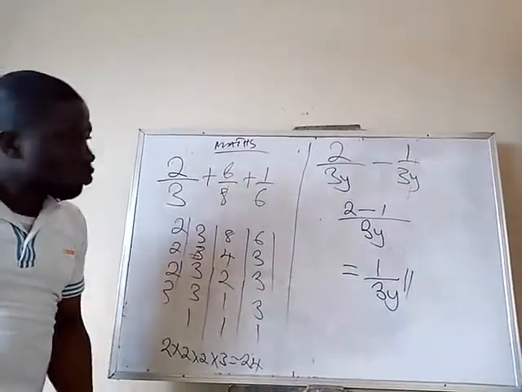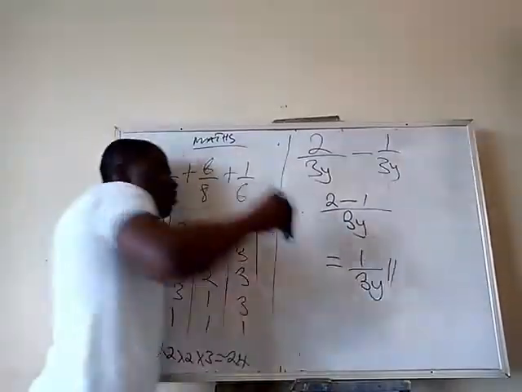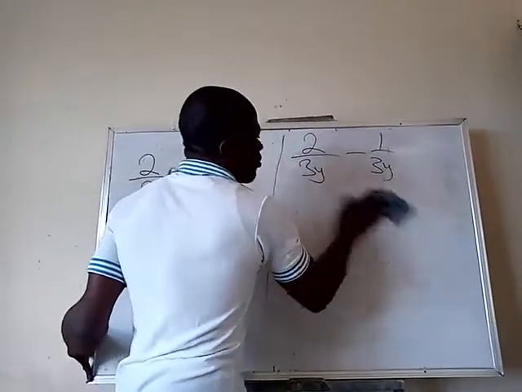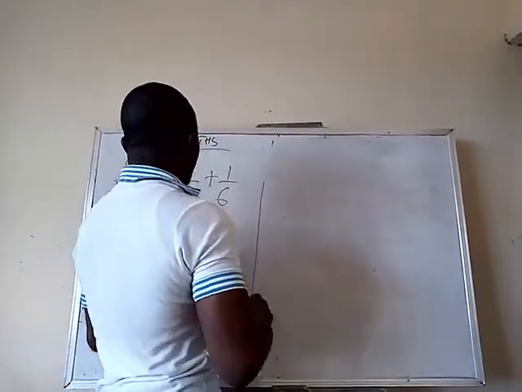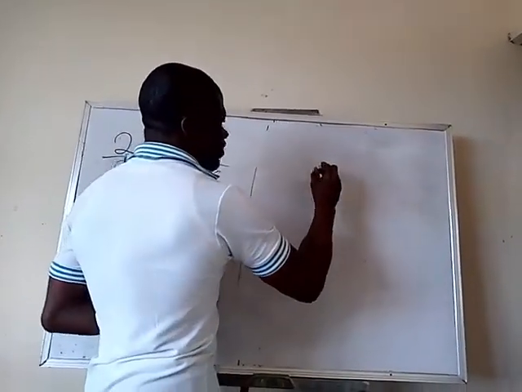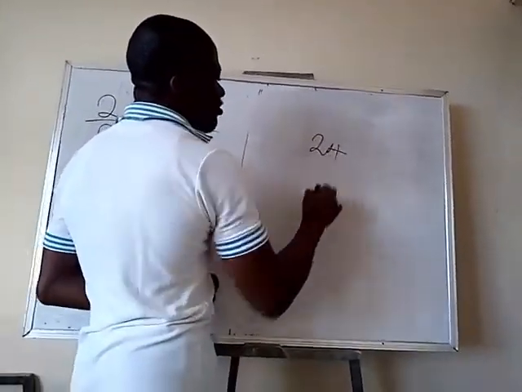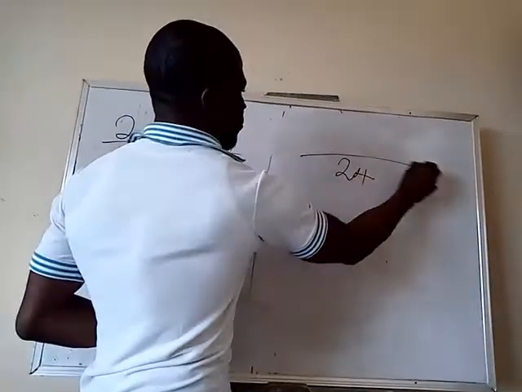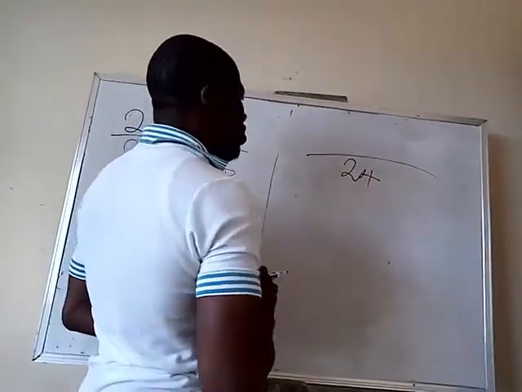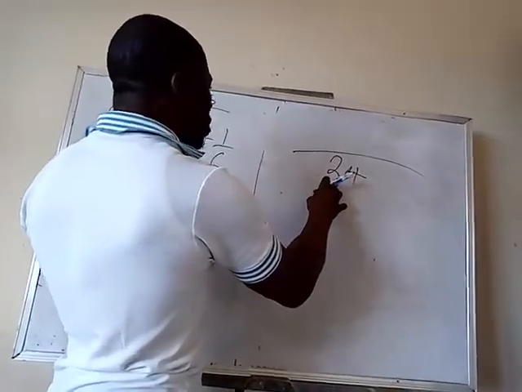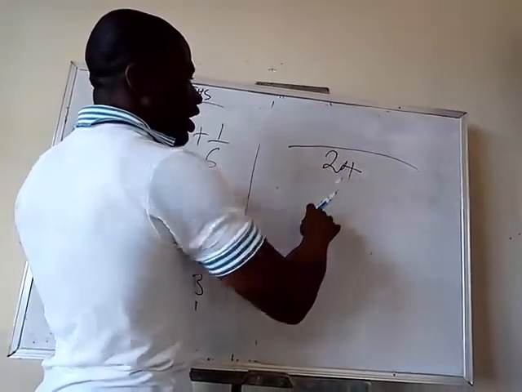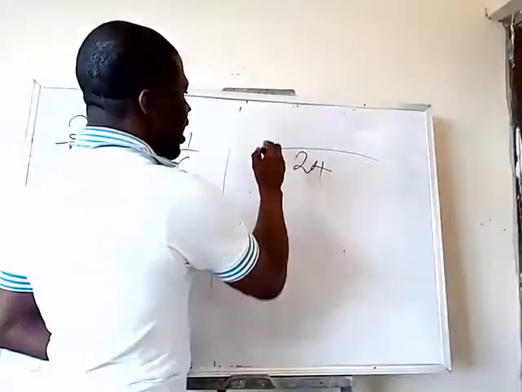So now we continue solving the fraction. Since we know that our LCM is 24, the question you ask yourself is 24 divided by 3, the denominator of the first fraction. It will give me 8.